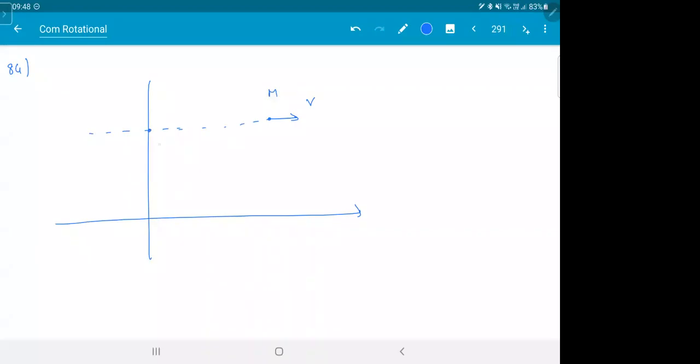It is passing through this point 0, d. So this point is the origin. This point is A. This point is B, which is 3d, minus d. This point is C, which is minus d, 4d, 3d. So there are 4 points O, A, B, C. Find angular momentum about O, A, B, C.